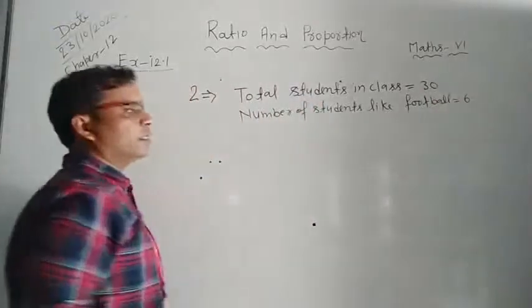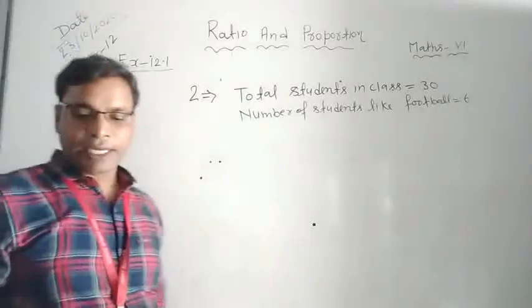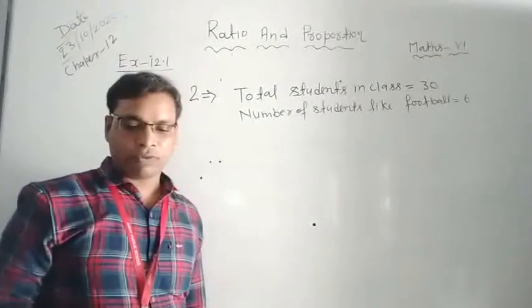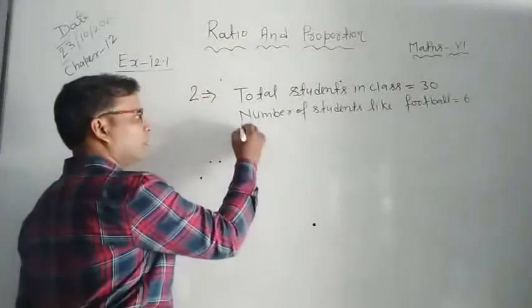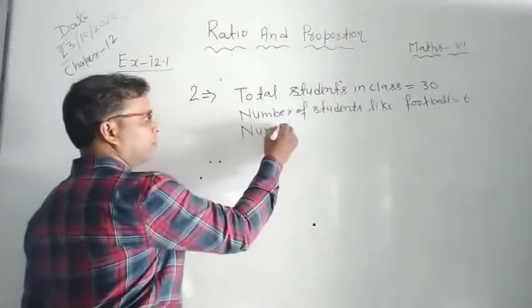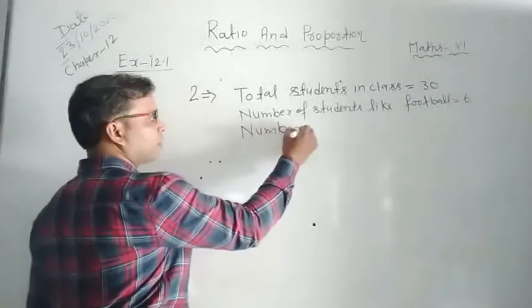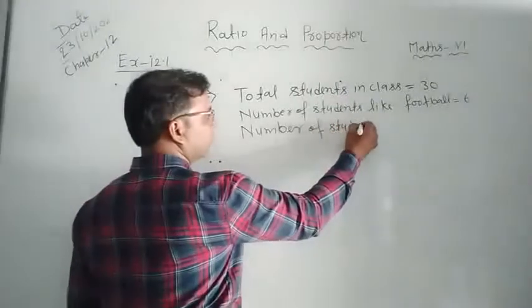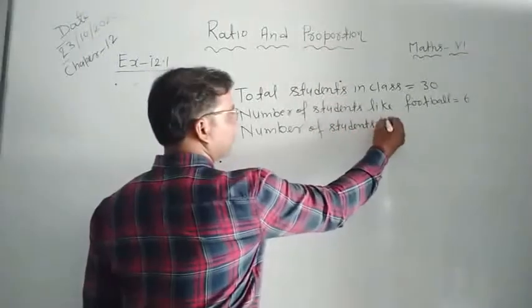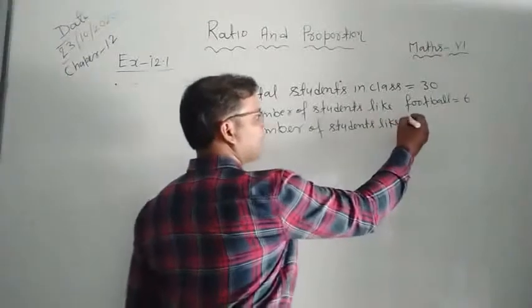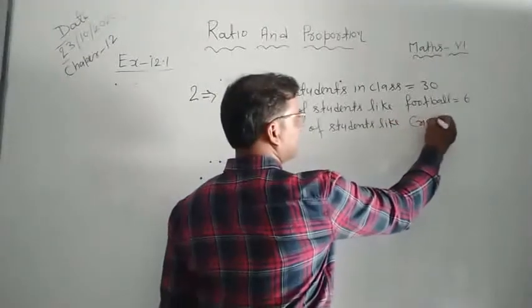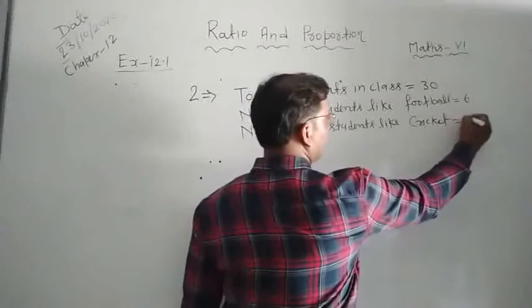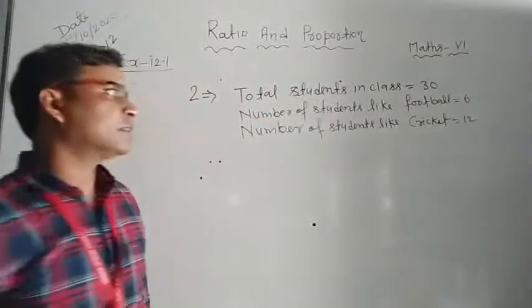Next, number of students who like cricket. It is given 12. Number of students who like cricket is equal to 12. This is clear.